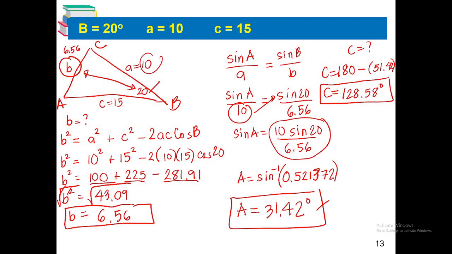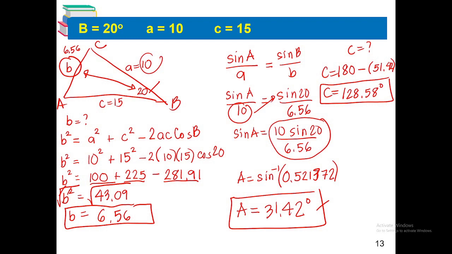I hope you understand better when to use the sine law or the cosine law. The sine law is used when there is an angle and a side given. All the time you will use sine law for that. If not, find a way to get the third angle so you have an angle and a side. If that cannot be done, then the cosine law is our last resort.